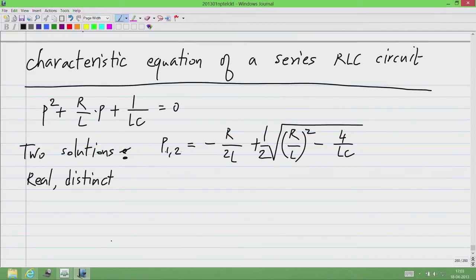The two characteristic frequencies P1 and P2 could be real and distinct. What is the condition for the characteristic frequencies to be real and distinct? Please give me the answer. When will P1 and P2 be real and distinct?